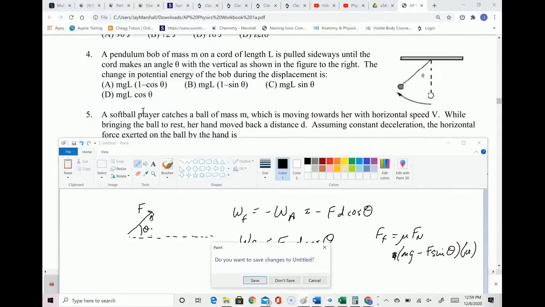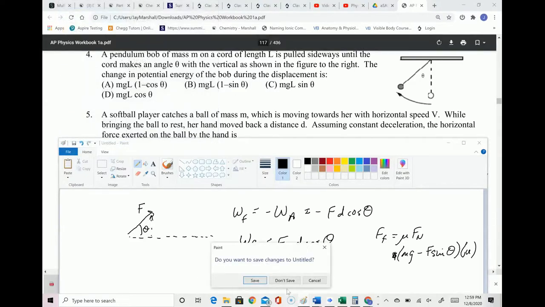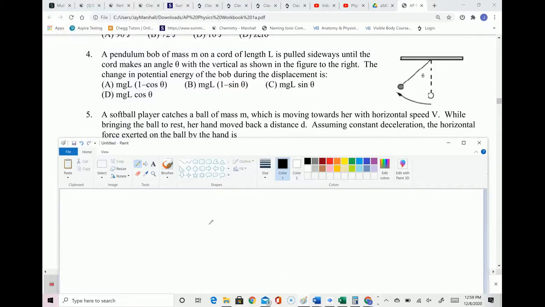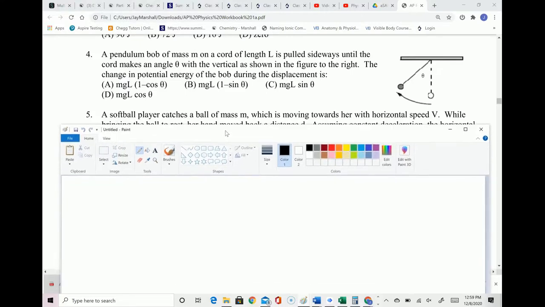Is this like circular motion? No? We want to know how much potential energy the bob has now.